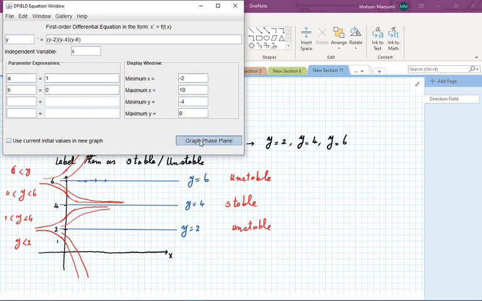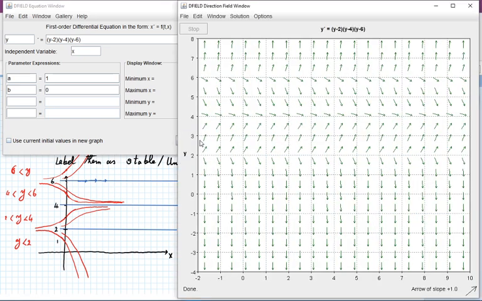Now let's go ahead and see. So we said the critical marks are 2, 4, and 6, as expected. You can notice that across 2 the direction of the arrow flips, same way across 4 and same way across 6. But to be sure, pick a point under 2.